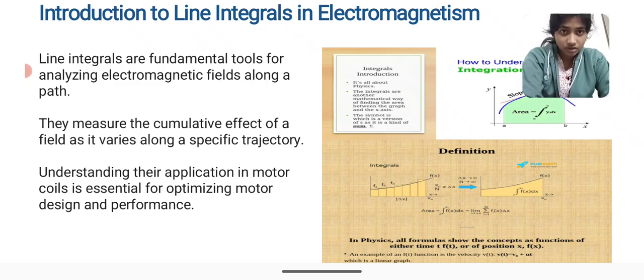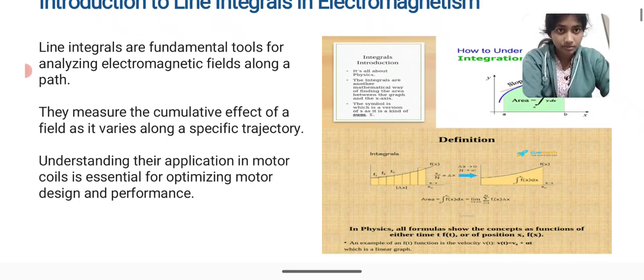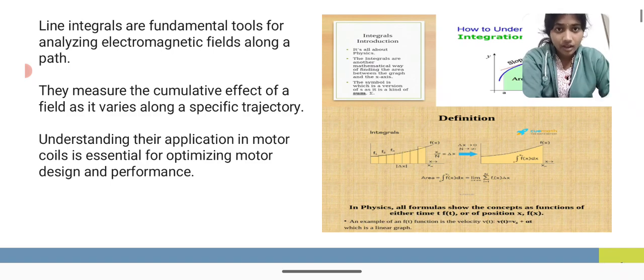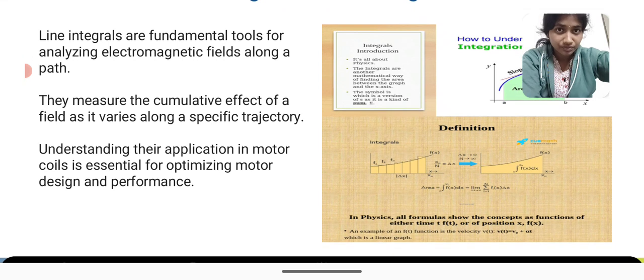They measure the cumulative effect of fields as they vary along a specific trajectory. Understanding their application in motor coils is essential for optimizing motor designs and performance.